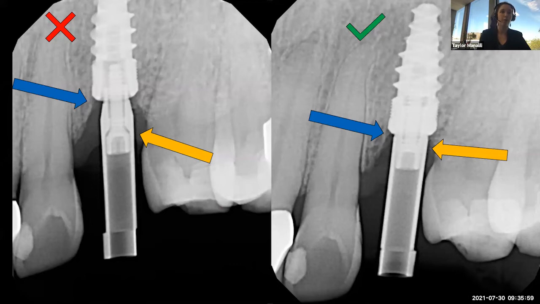If we look at where the yellow arrow is pointing, you see there is a space between the base of the head of the screw and where it should be sitting in the channel. Those are two red flags to me right away that something is preventing that impression coping, that scan body, from being seated. So I'm going to go back in. This might be a situation where I need to remove tissue, or I might need to use a bone profiler and scrape away some bone to get that to seat.